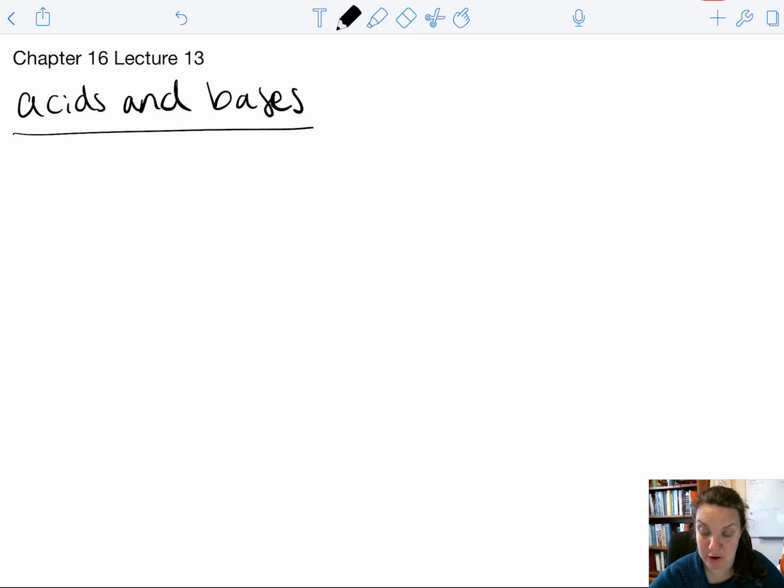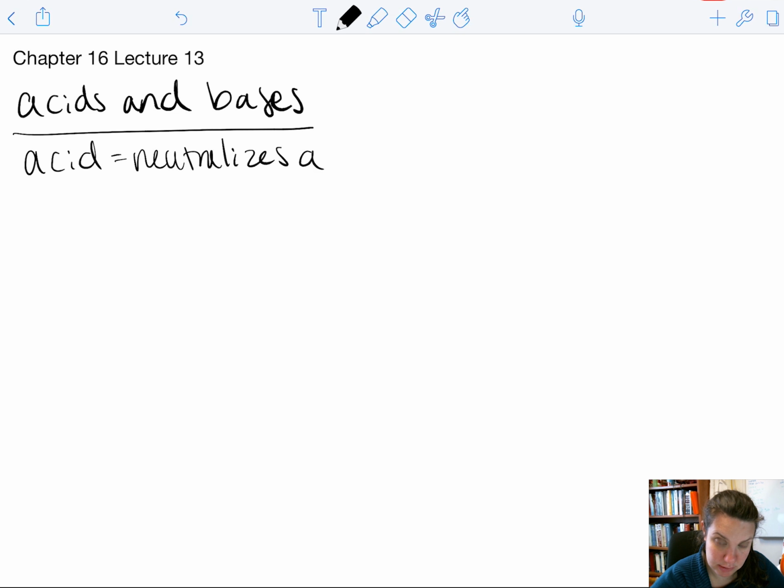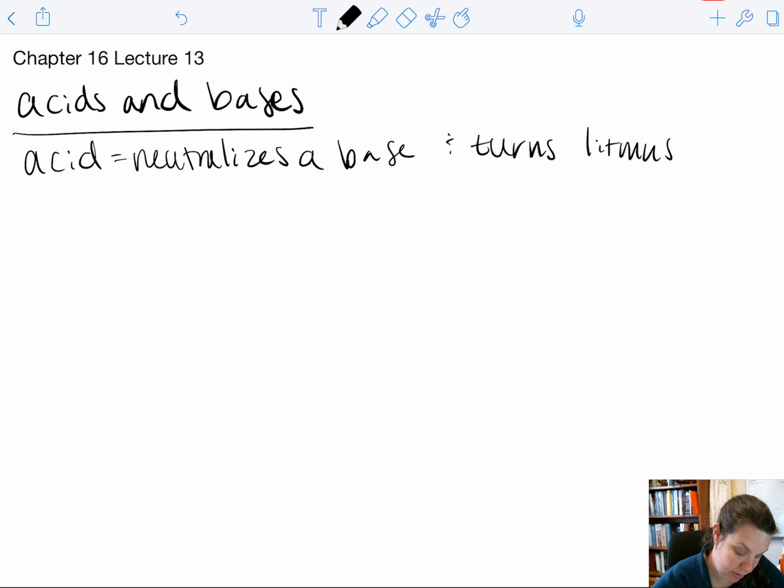Okay, so first, just as a reminder, an acid is a substance that neutralizes a base, and that turns litmus paper red. It's generally going to have a pH less than 7.